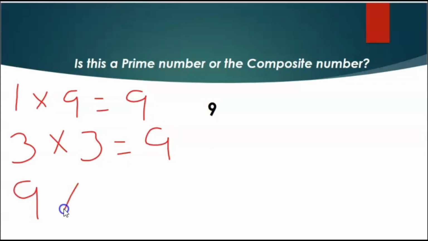And 9 times 1 equals 9. So the first factor is 1, the second is 3, and the third factor is 9. So it has more than two factors. That's why it's a composite number.